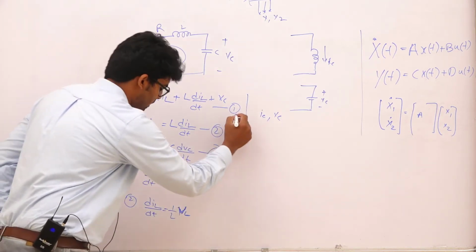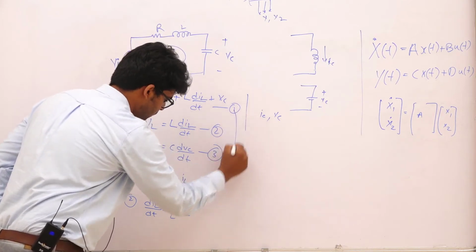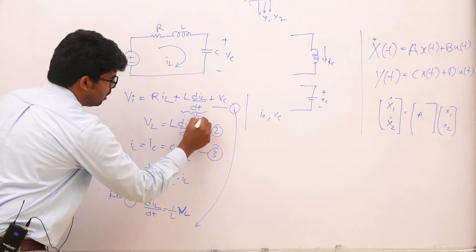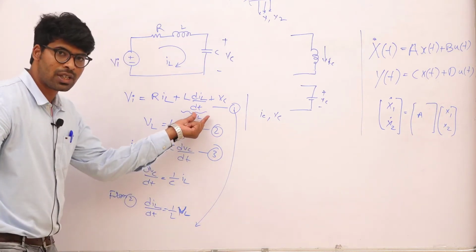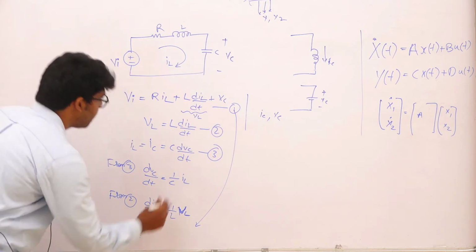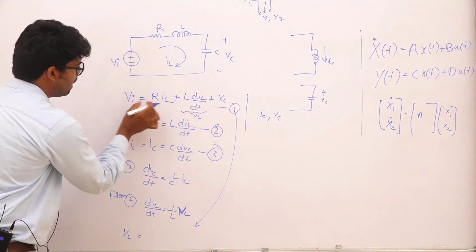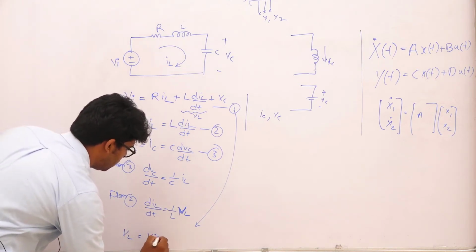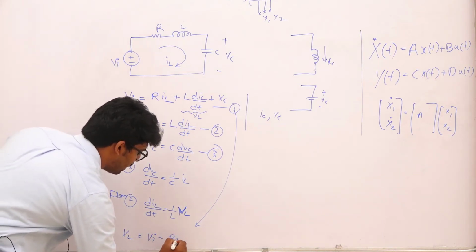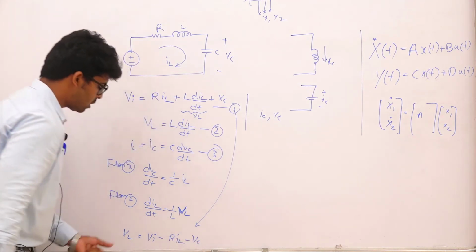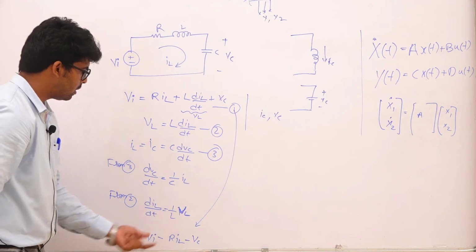From the first equation, this is VL, so I extract VL from this first equation. So VL can be written as Vi minus R IL minus Vc.